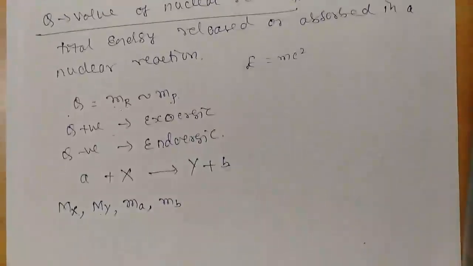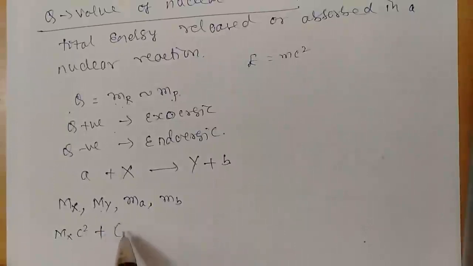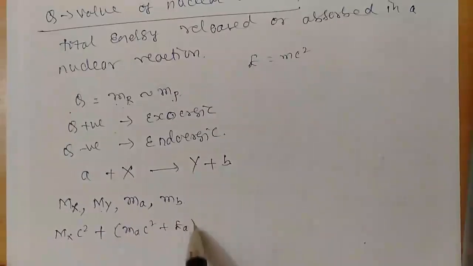Then in terms of Einstein's mass energy relation, this can be written as Mx c square, which gives the rest mass energy of the target, plus ma c square plus Ea, where Ea is the kinetic energy and ma c square is the rest mass energy of the projectile.